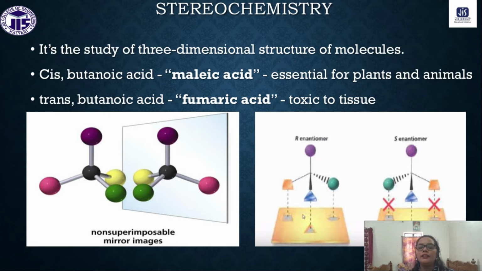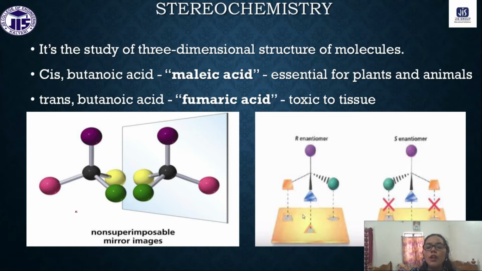Like if this is the methane molecule, this black atom is your carbon, and around this you have the hydrogens. Look here, the balls are different colors, so you can assume that different groups are there. One is hydrogen, one is methyl group, one is ethyl group, one is halide group.